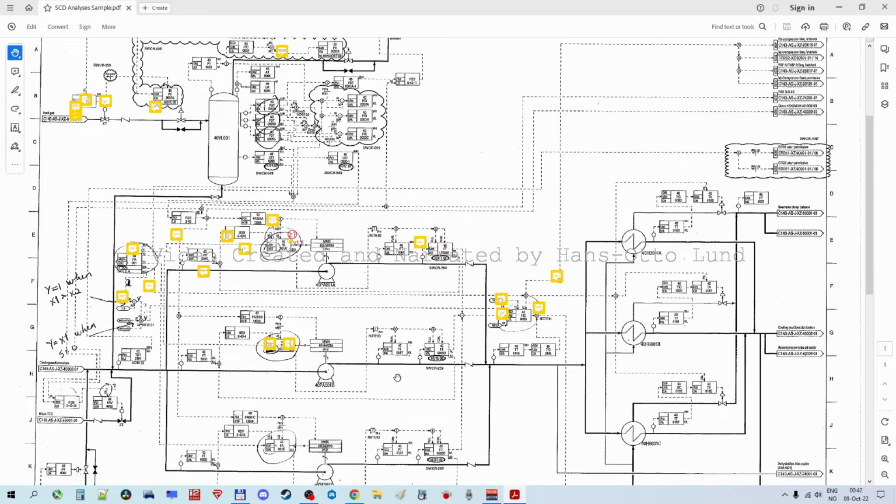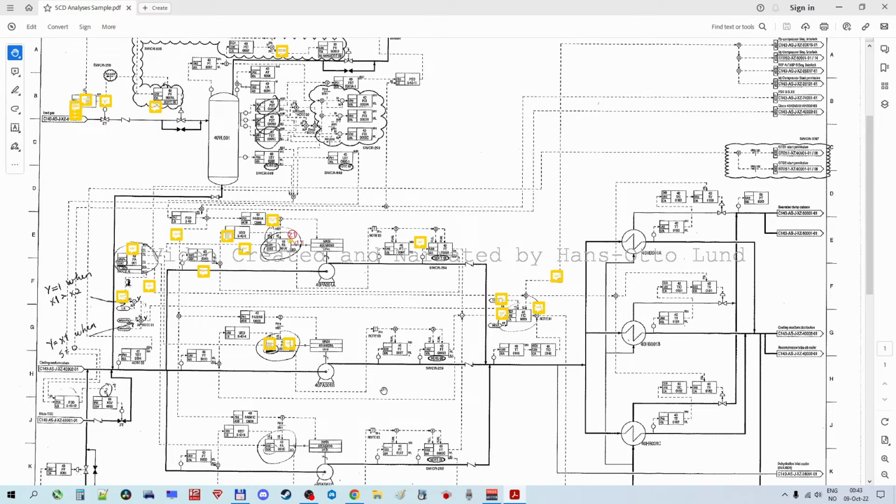But as you see here, if you take this pump here, if you found this pump on a P&ID, you will see a lot of valves and pipes around this symbol here.